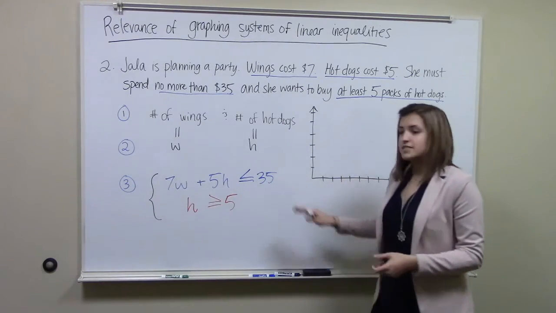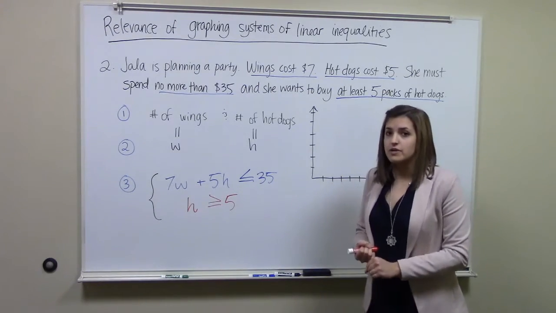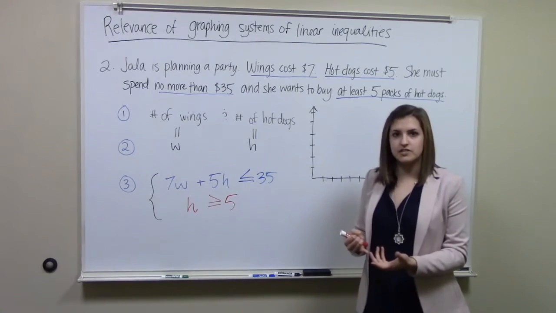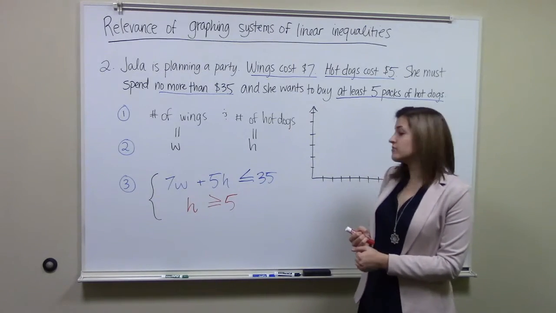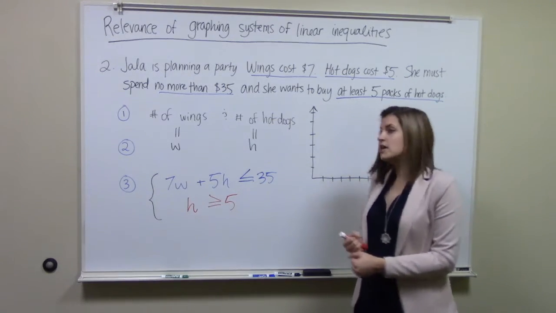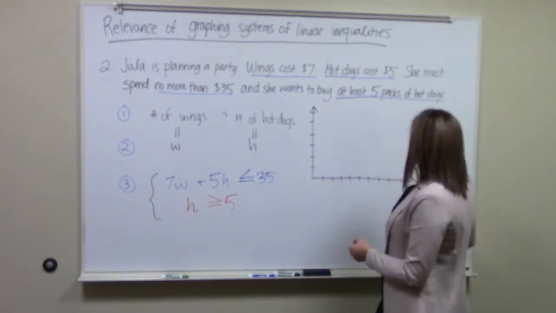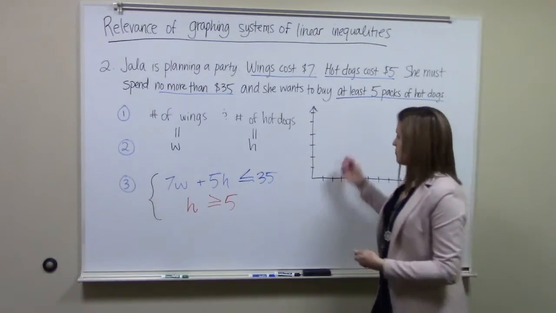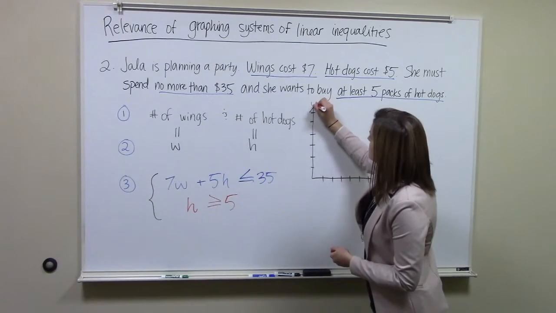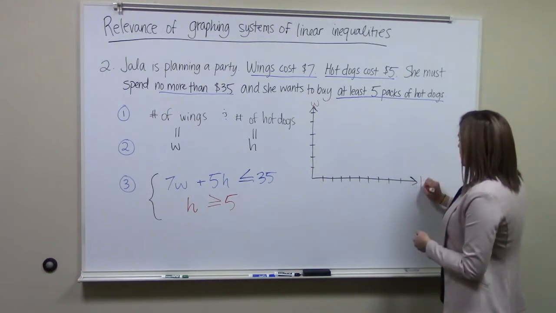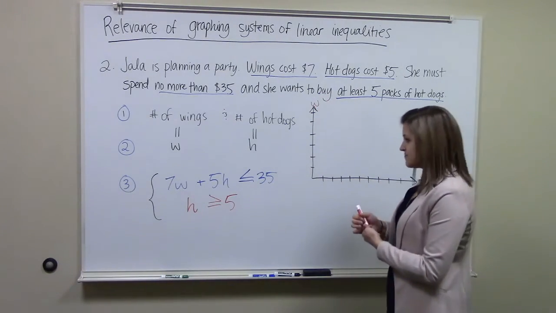So our first one is in standard form. You can use either way where you identify the W and H intercepts and graph those, or you can convert to slope-intercept form as long as you label your graph with, let's say, W for wings and H for hot dogs on your axes.